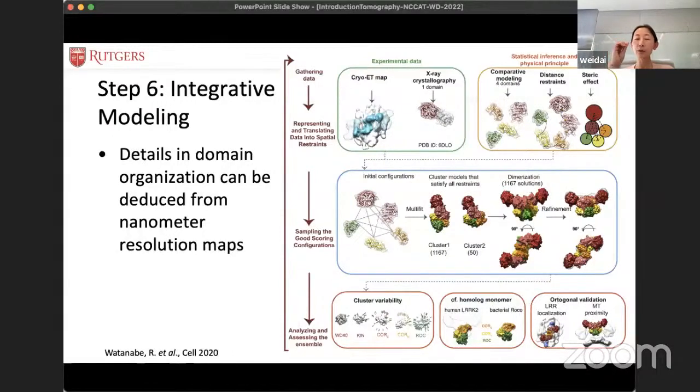You combine those into your subtomogram averages to deduce more atomic resolution information about your structural complex. Okay.